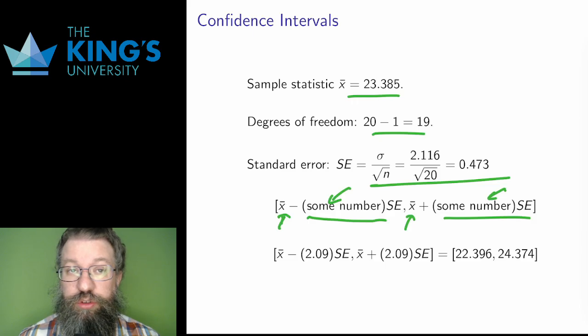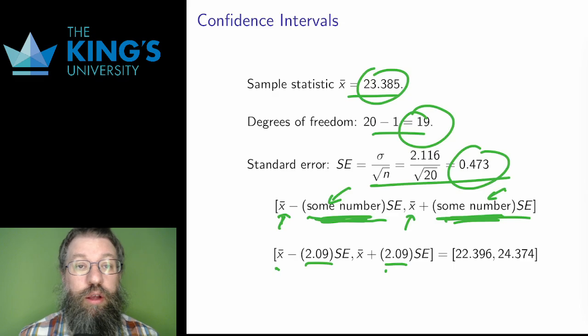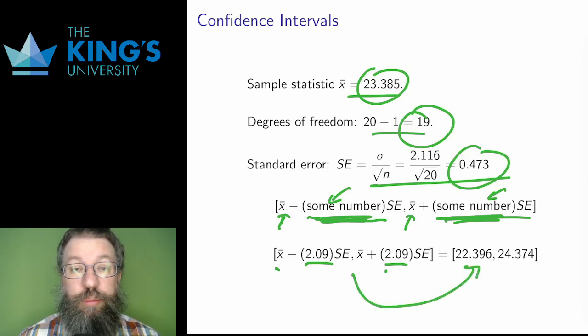All t-distributions for various degrees of freedom have these numbers that determine various confidence intervals. I didn't define this number last time, but they are called point estimates. The point estimate for 19 degrees of freedom and 95% confidence is 2.09. And again, I just asked R to calculate this for me. Therefore, the confidence interval here is the mean minus 2.09 times the standard error, up to the mean plus 2.09 times the standard error.